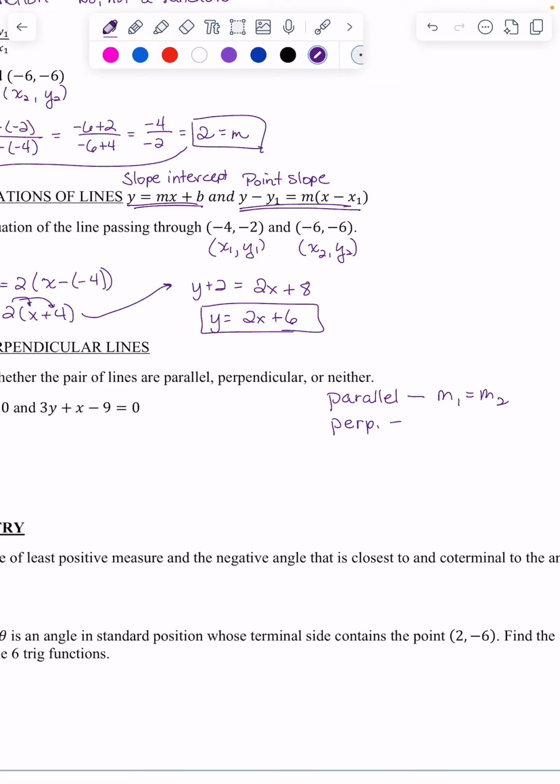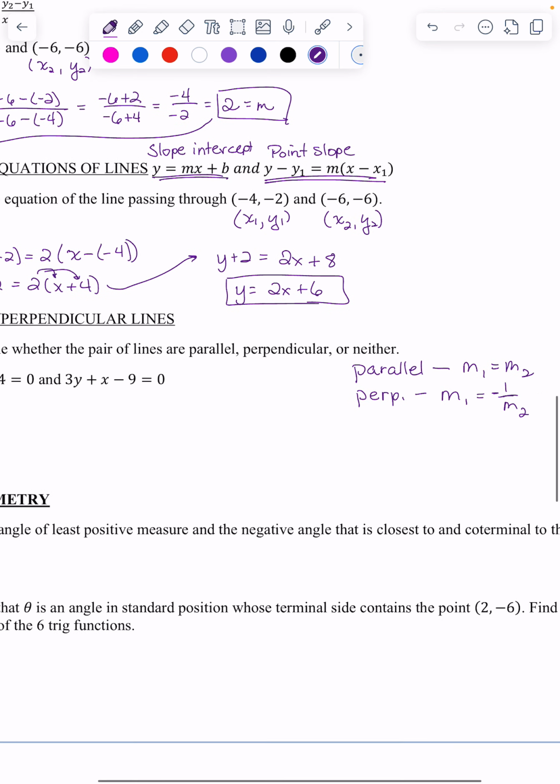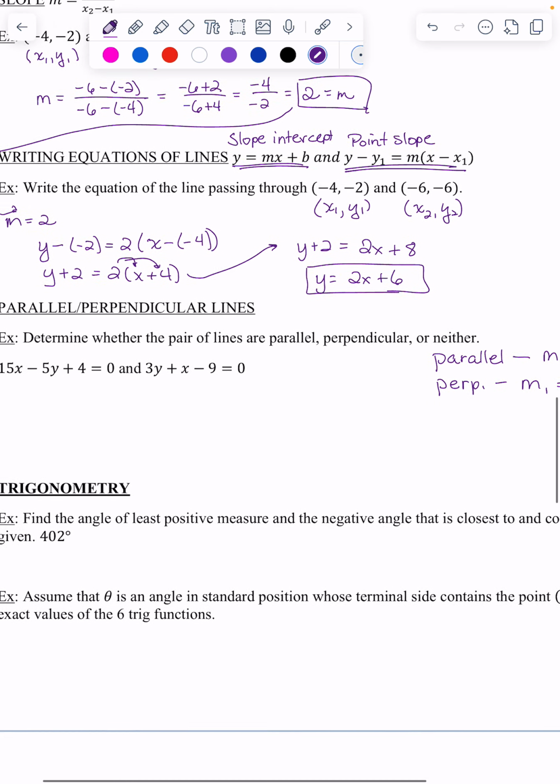So there, I know that m of my first one is equal to negative 1 over m of my second one. So my slopes are negative reciprocals of each other. If it's not either one of those, then it's neither. So if they're not related in either of those ways, then I'd go with neither.